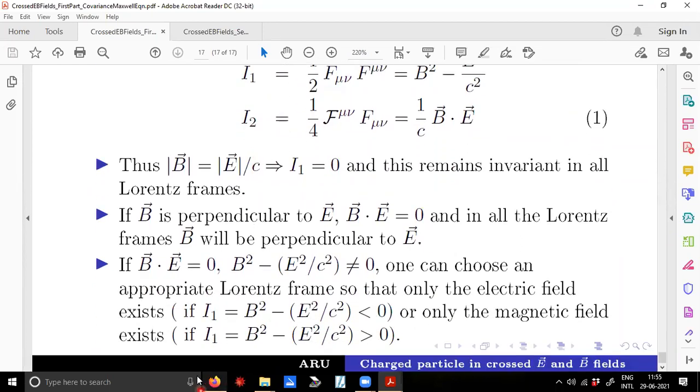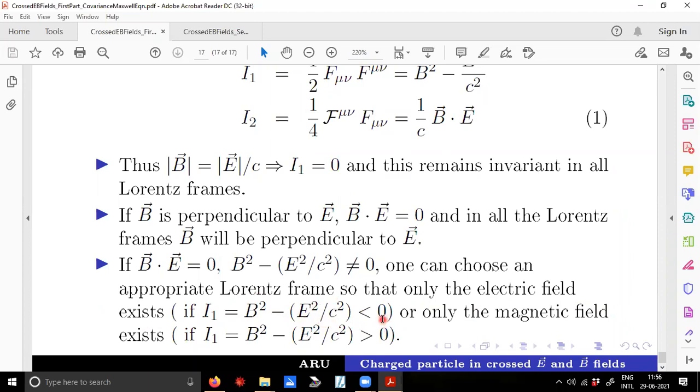Now, I say that if B dot E is 0, one can choose an appropriate Lorentz frame so that only electric field exists. If I1 is equal to B squared minus E squared by C squared, and it is negative, I can make B 0 and this other thing is minus E prime squared by C squared. Only electric field exists, so it is shown to be negative.